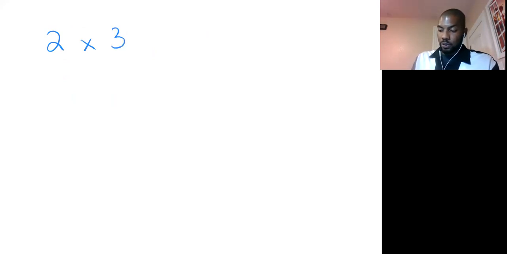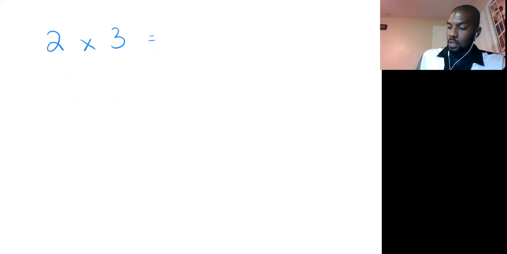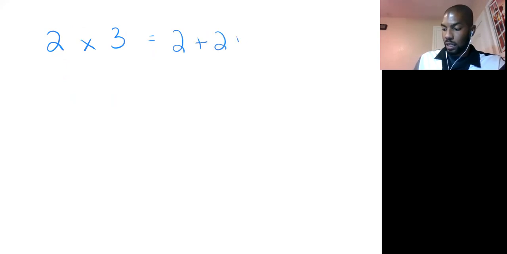Let's try another one. So let's say I had 2 groups of apples, and in each group there were 3 apples, right? So you should get 6. 2 times 3 is 6. If you wrote it out as an addition problem, you'd get 2 plus 2 plus 2.